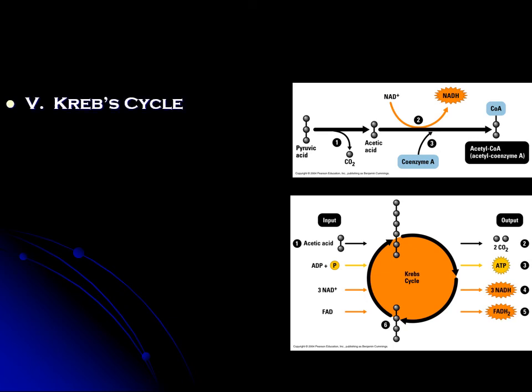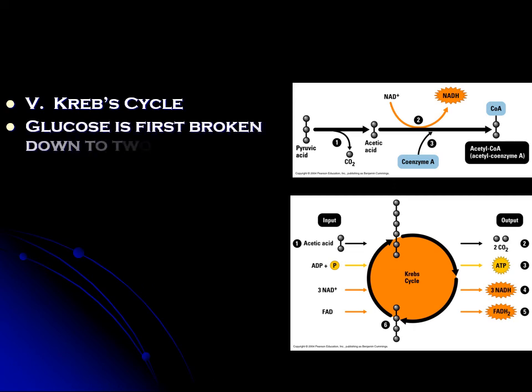So first of all, this is the Krebs cycle. This is taking place on the inside of your mitochondria. Remember the mitochondria? These are the powerhouses of the cell. This is where our energy is being produced.